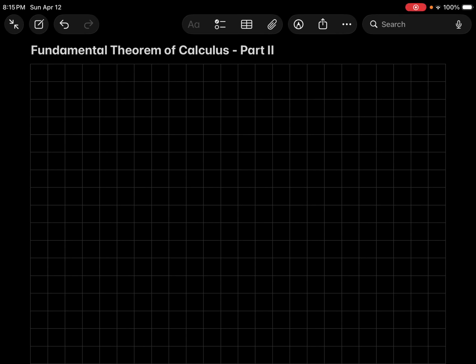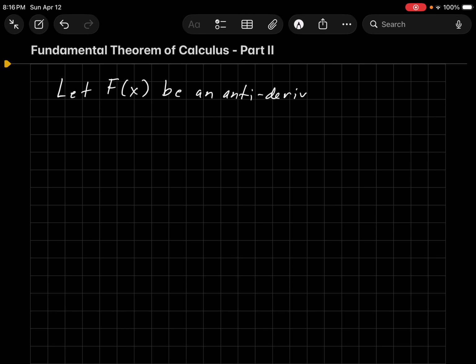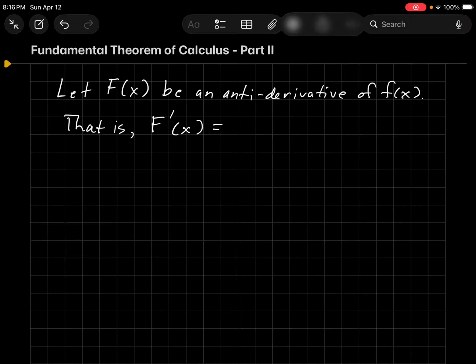The Fundamental Theorem of Calculus, FTC Part II. Consider a function, capital F of x, and let that be an antiderivative of another function, little f of x. That is, F prime of x equals little f of x.